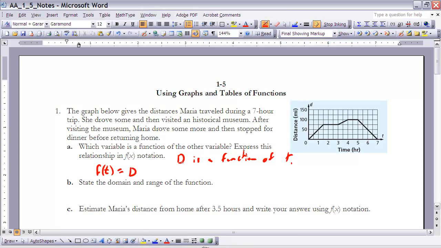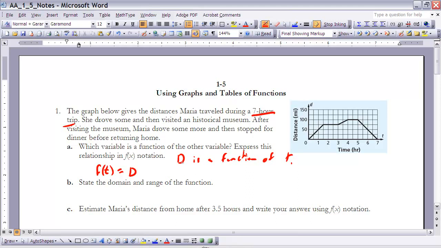Part B says state the domain and range. Well, the domain, remember, is the values that you can have for your independent variable. Or from a graphical standpoint, it's going to be the values on the horizontal axis. If we think about this from a word standpoint, it says Maria traveled on a 7-hour trip.